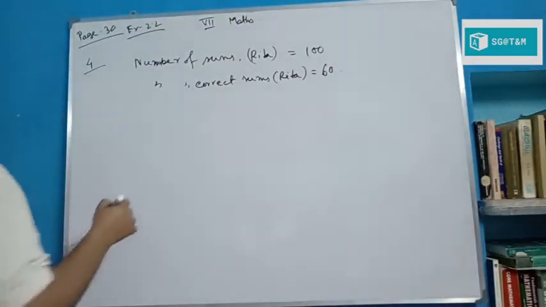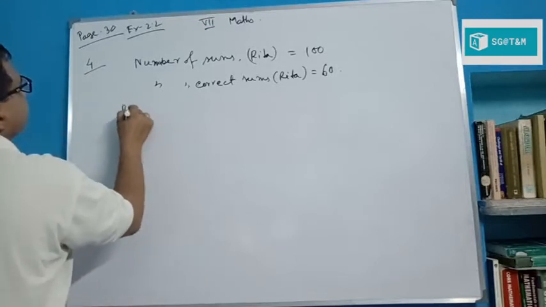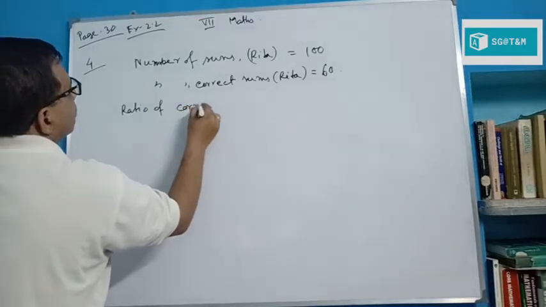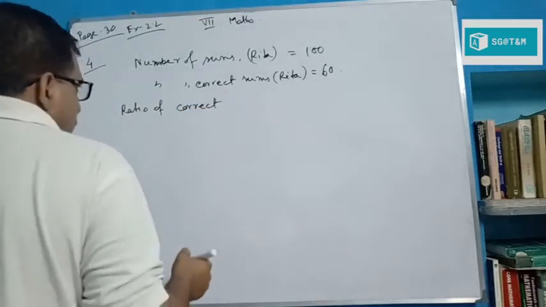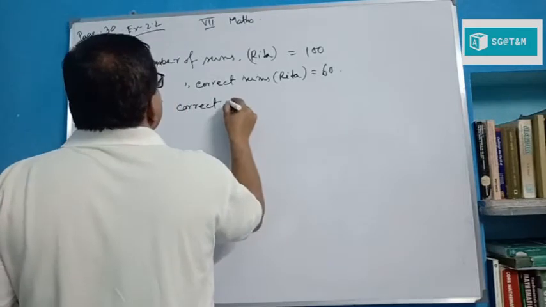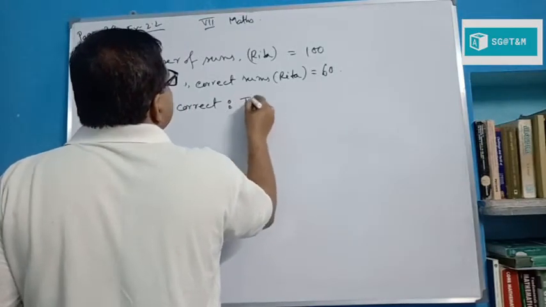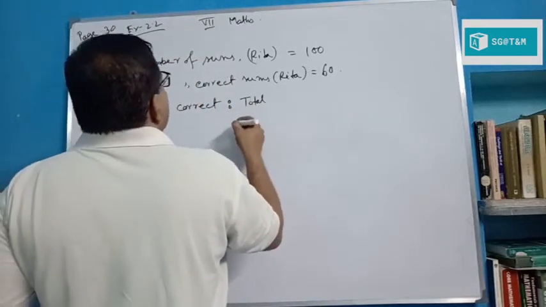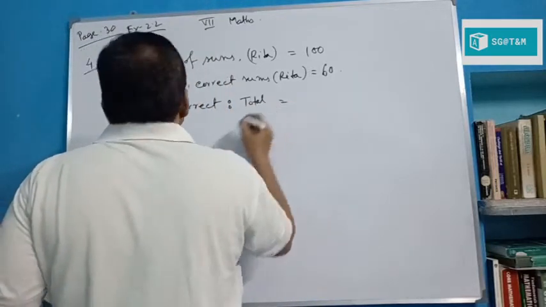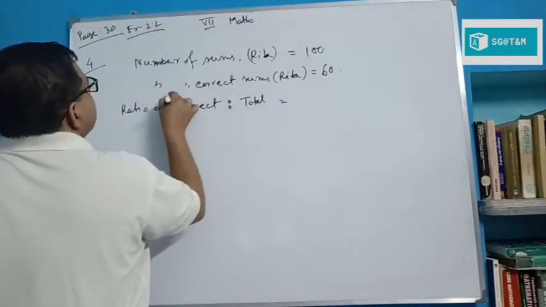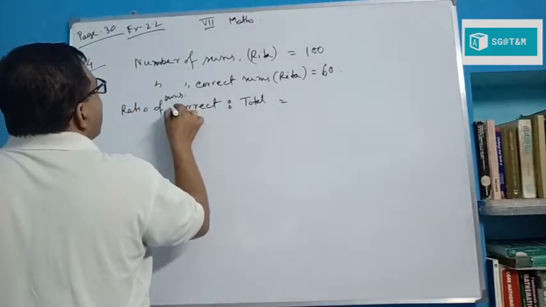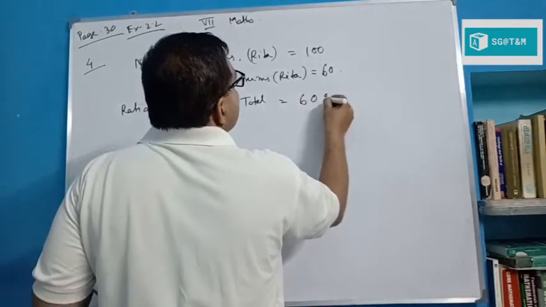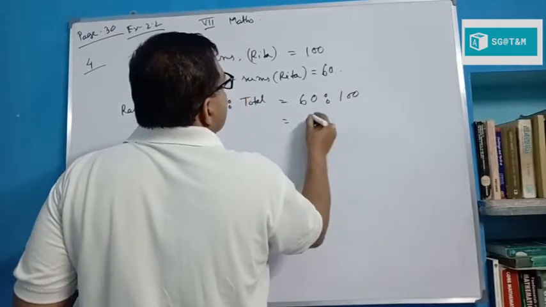So the ratio of correct to the total, the ratio of the sums: correct is to total, 60 is to 100.